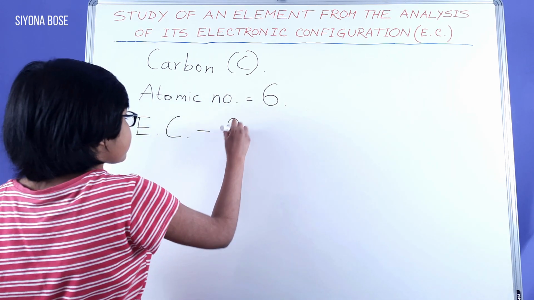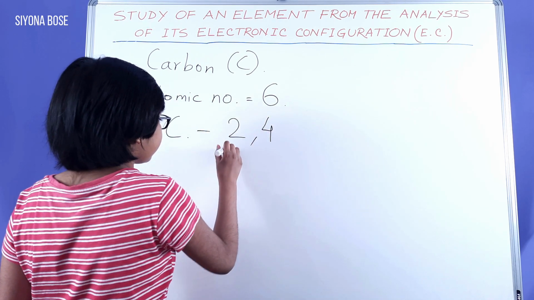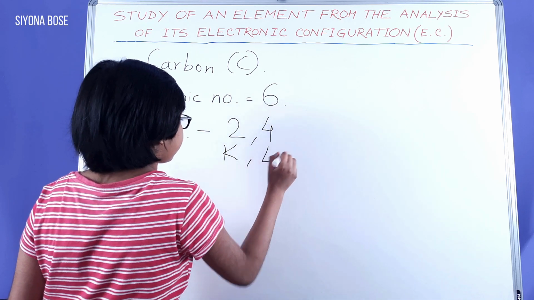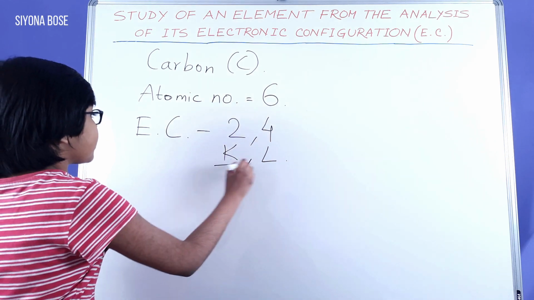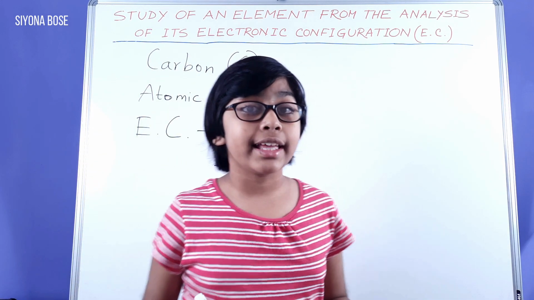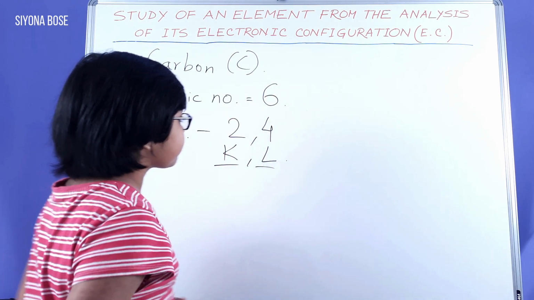Now, electronic configuration, or EC. EC is 2, 4, KL, which means there are 2 electrons in the innermost K shell and 4 in the outermost L shell.